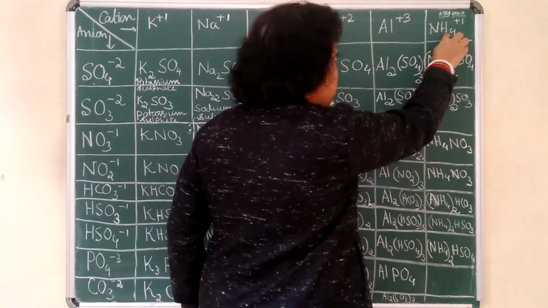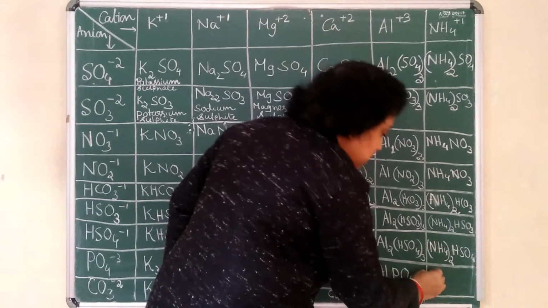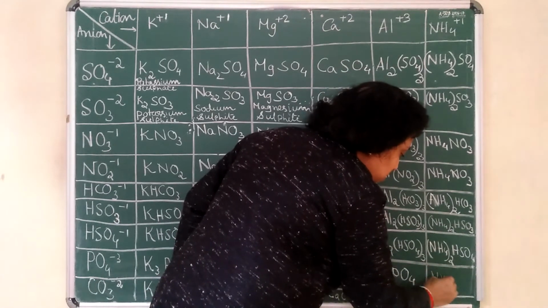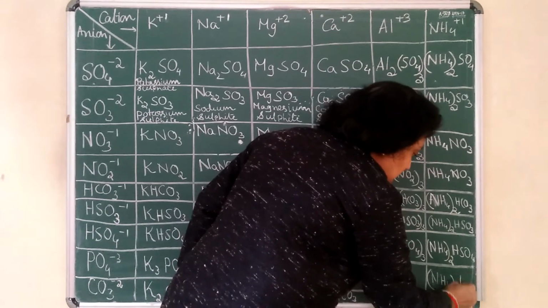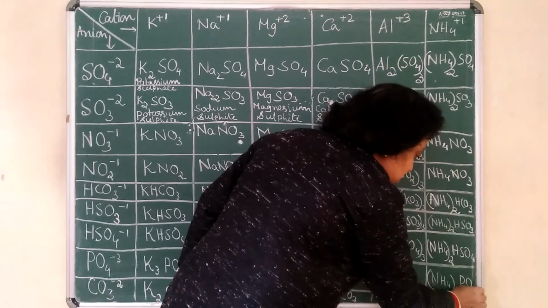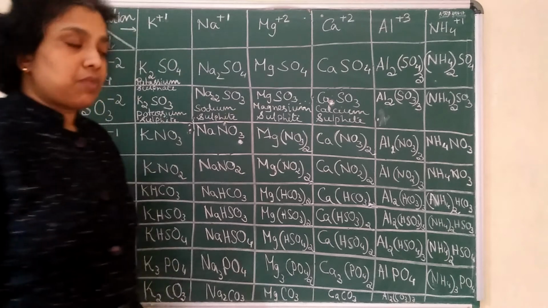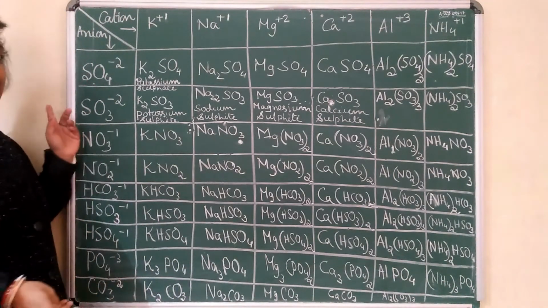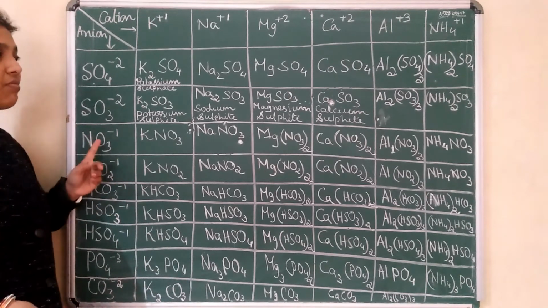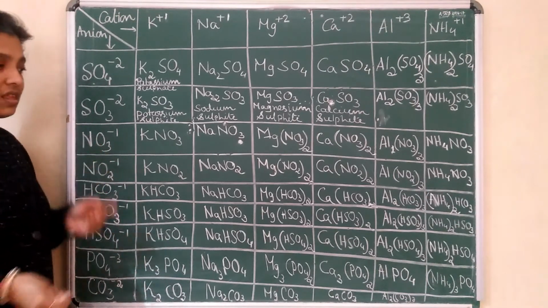Then ammonium valency is 1 but phosphate valency is 3. So ammonium bracket will be 3 because phosphate valency is 3. And phosphate will be 1, no need to write. So this way you can complete the whole chart. I have given you the answer also.